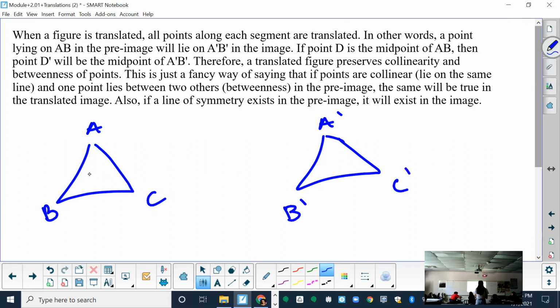So if I had maybe point W on this line, then I would have W prime on the next line. All right. So it preserves all the collinearity, meaning all the points that were on the pre-image will be there on the translated image.